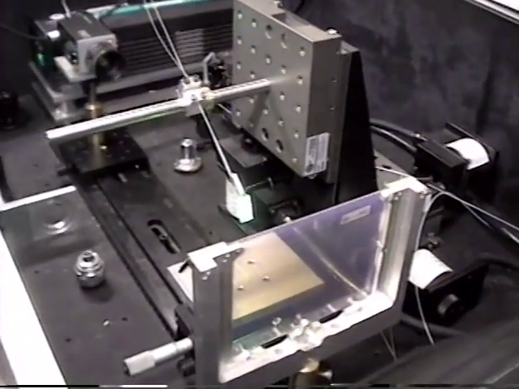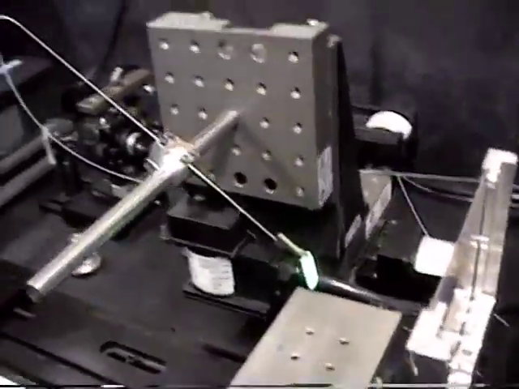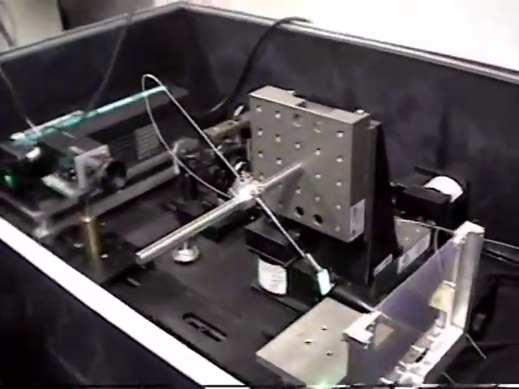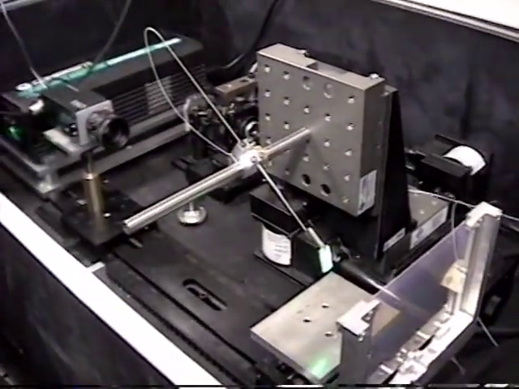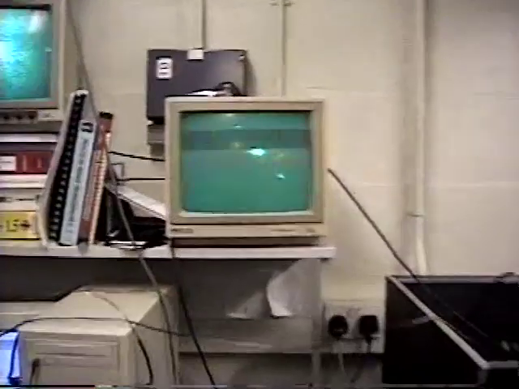Everything's mounted, and the hologram and the camera, they're all here. And here's this thing. This is the correlation function, and here are the fringes coming into the correlation function.